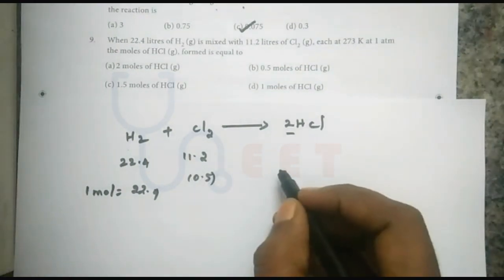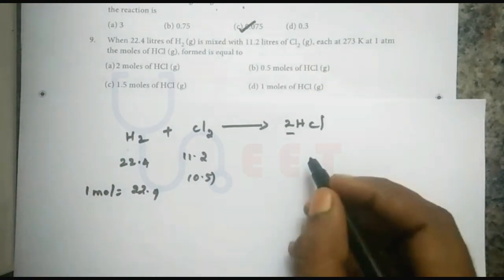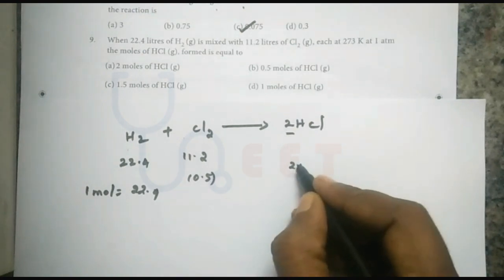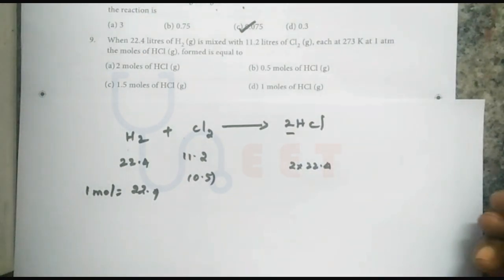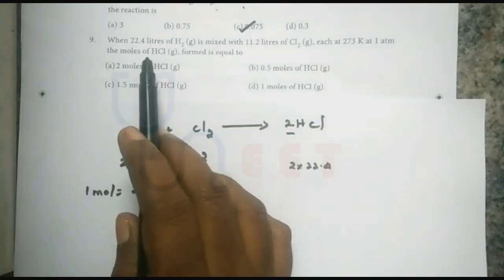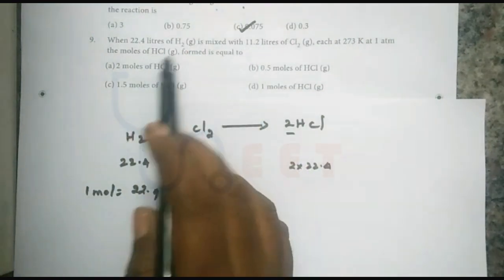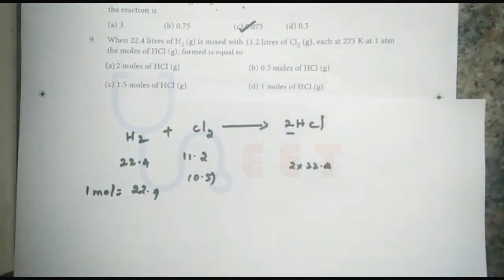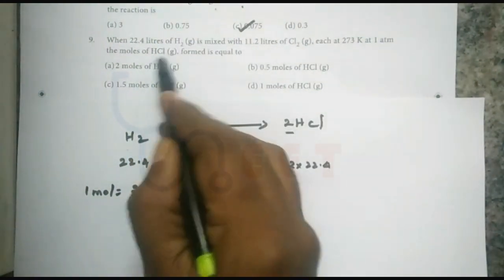And now we are getting 2 moles, so 2 moles of hydrochloric acid, that is 2 into 22.4 liters of hydrochloric acid. They are asking about the moles of HCl formed, and in that case they are asking about only 1 mole of HCl.